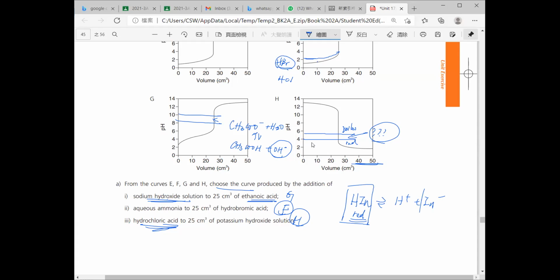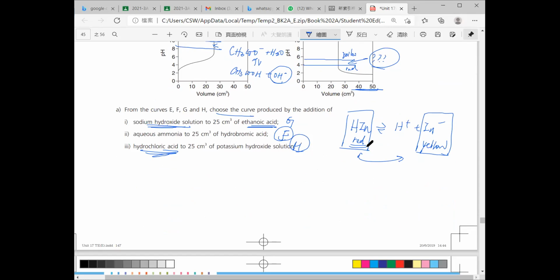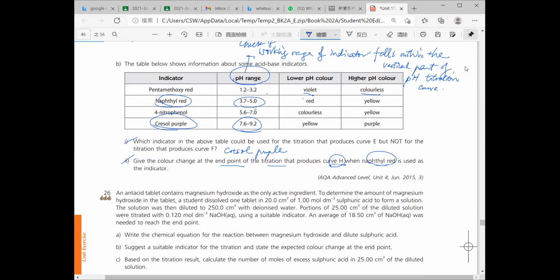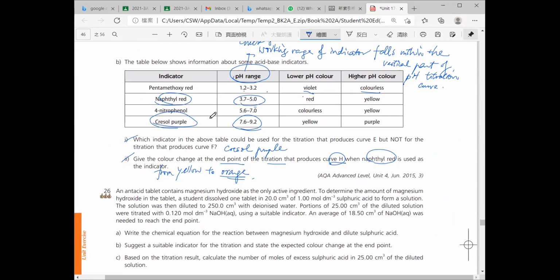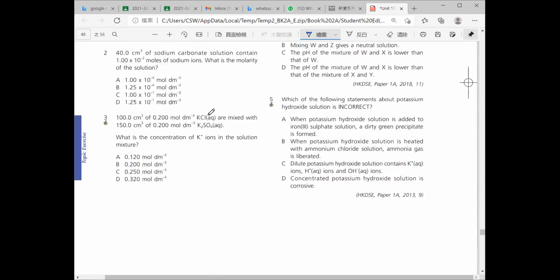If it's slightly alkaline, or not so acidic, this one will dominate. So what will happen in between is just a mixing of the two. So the color is from yellow to orange instead of red. Remember, it's from yellow to orange. It's not from red. Is that clear?